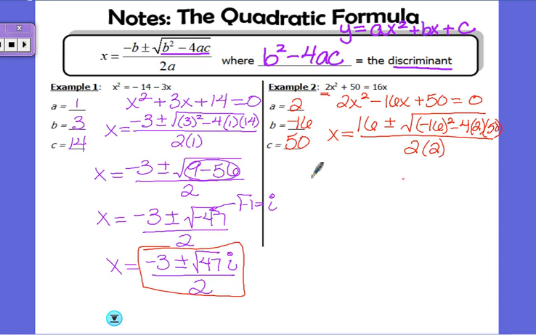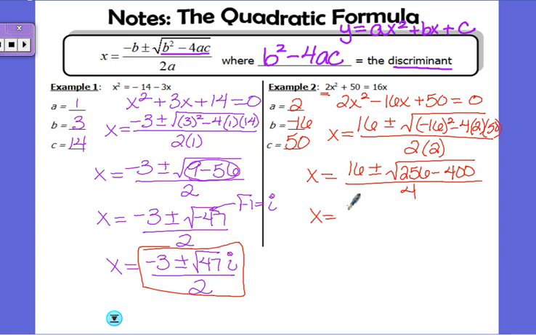Now simplify. So x equals 16 plus or minus the square root of negative 16 squared. If you're using your calculator, make sure you're putting parentheses around that negative 16 because we're going to have a positive 256 minus 400 all over 4.